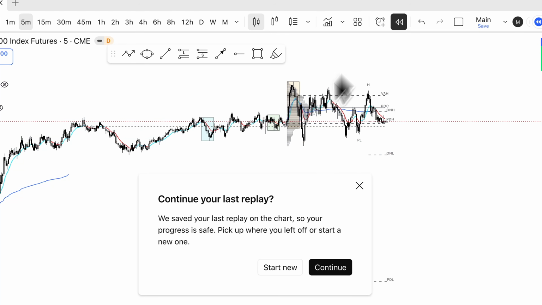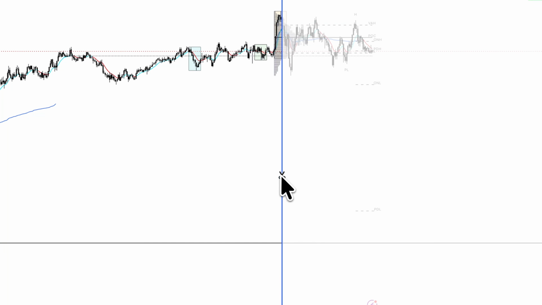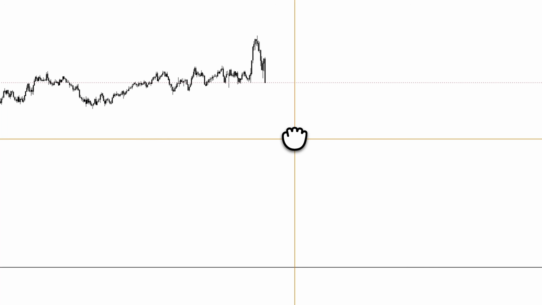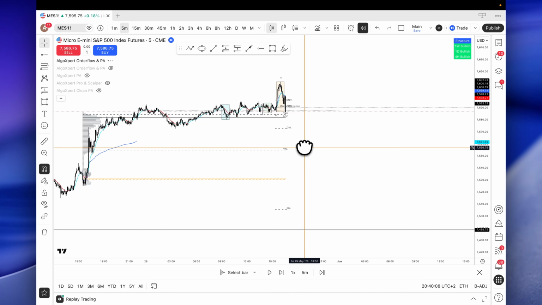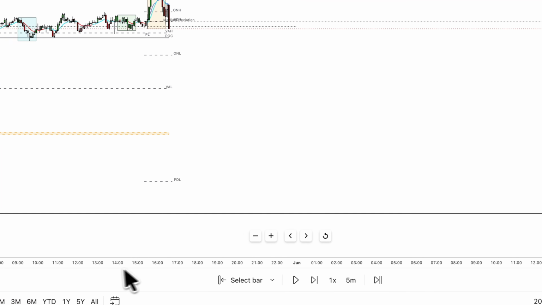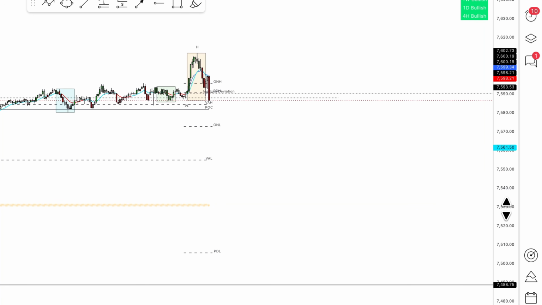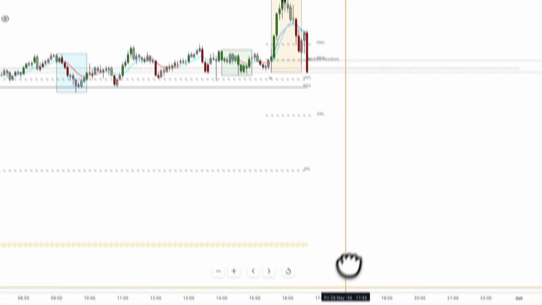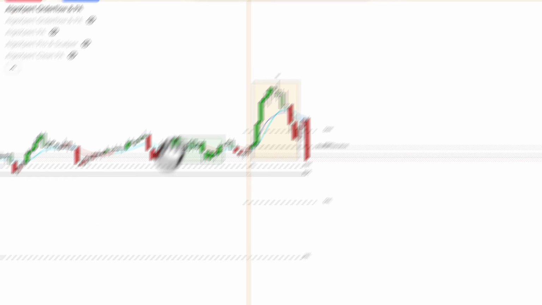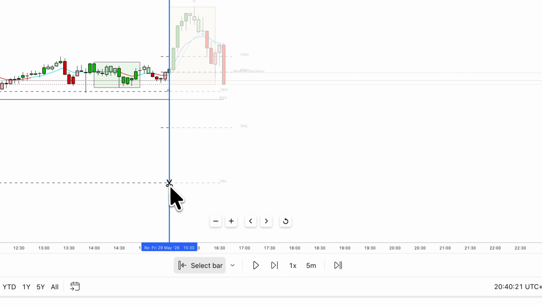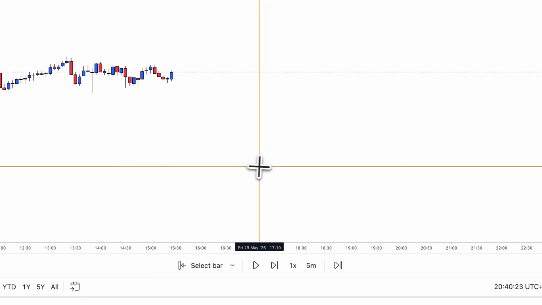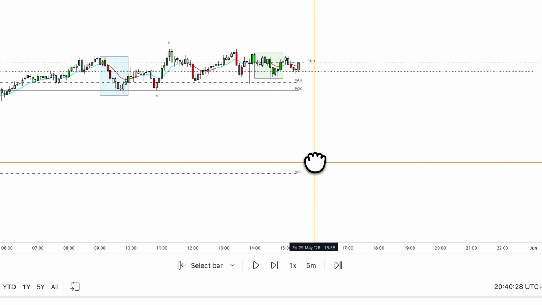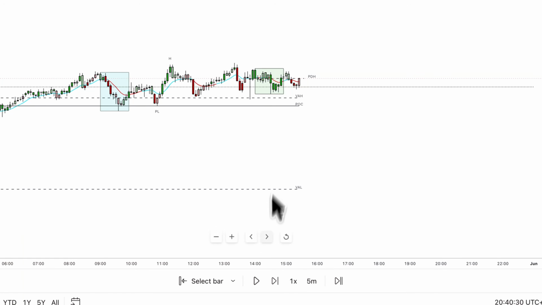Let me just go back in time to see if we have an example based on another deviation. You see that here. Let me just zoom in. You see here, if we are going again back in time before market open, you see here, this is before market open.